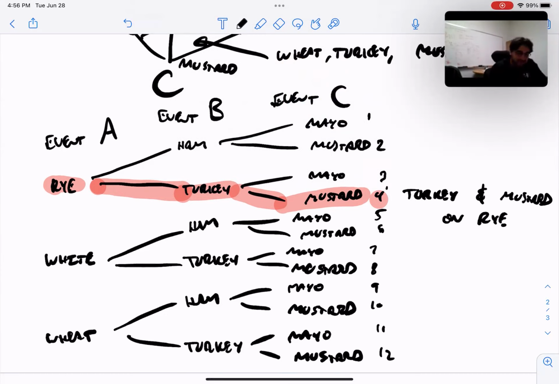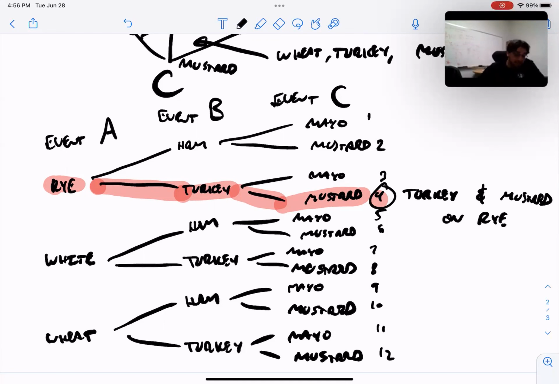That would be sandwich number 4 in this scheme, because every path through the tree from left to right, because these are trees that grow on vertical faces and grow outwards this way, but you can imagine turning it 90 degrees if you want to think of it more as root to leaf. But yeah, every path through the tree corresponds to a unique sandwich.